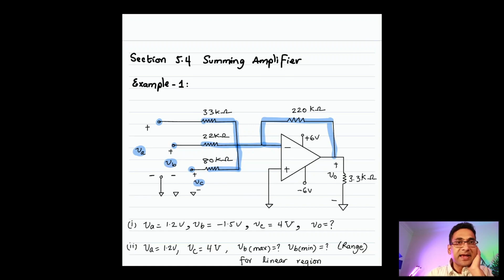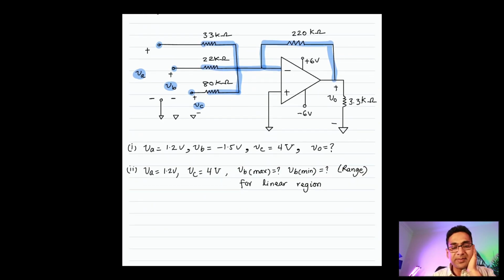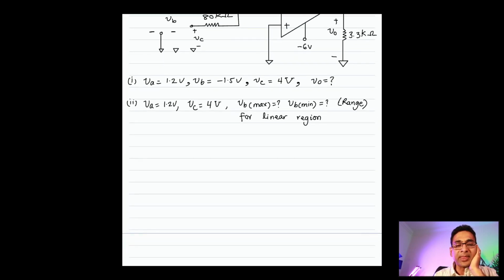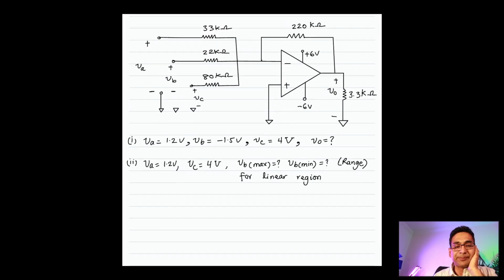Now let's see if we can solve this problem. All I'm going to do is simply apply the formula. There is not a whole lot of analysis in this. Also notice that the positive terminal is connected to the ground, so that's exactly what we saw. There are two parts to this problem.